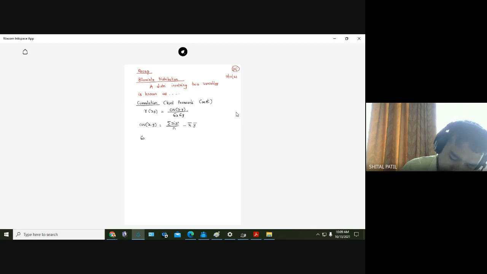Whereas sigma x equals the square root of summation of xi square divided by n minus x bar square, and likewise for y, summation of yi square divided by n minus y bar square. This is for a discrete distribution.